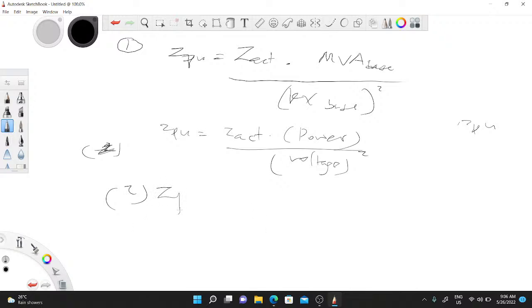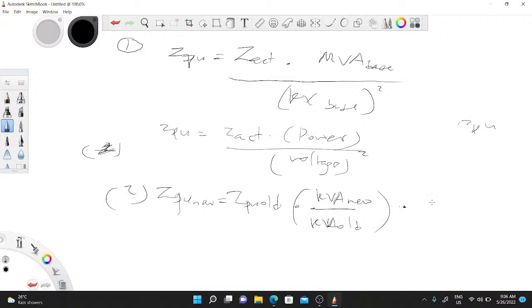In that case, the equation becomes this way. Our new ZPU is equal to our old ZPU times the power ratio, which is new over old, so kVA new over kVA old. Just pay attention to this new and old.